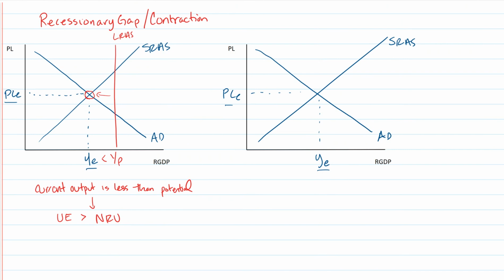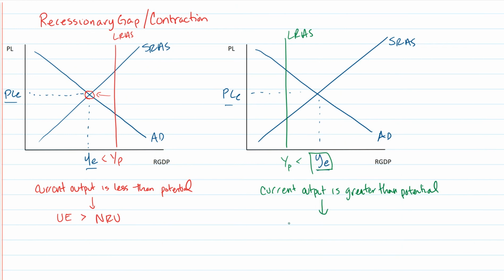And of course, we could also imagine the opposite of this. What would happen if our current level of output, YE, were greater than our potential level of output? So we could say current output is greater than potential. And we could also infer from that that our current unemployment rate must be less than the natural rate of unemployment because our economy is overproducing.